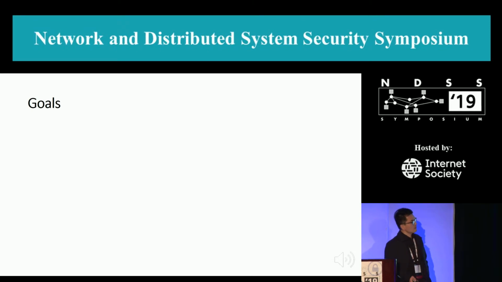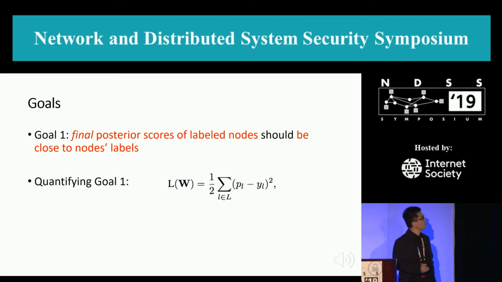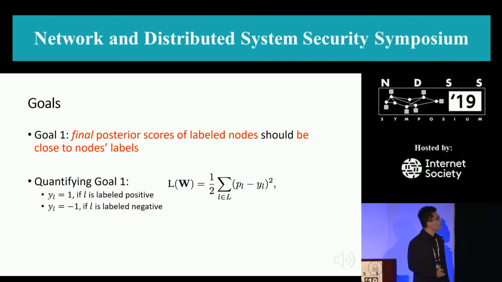To address it, we have two goals. Goal one requires that the final posterior scores of the labeled nodes are close to the nodes' labels. We quantify this goal using the function L(w). Here y indicates the true label of the nodes: if the node is labeled positive, its label is 1, and if it's labeled negative, then it's -1.